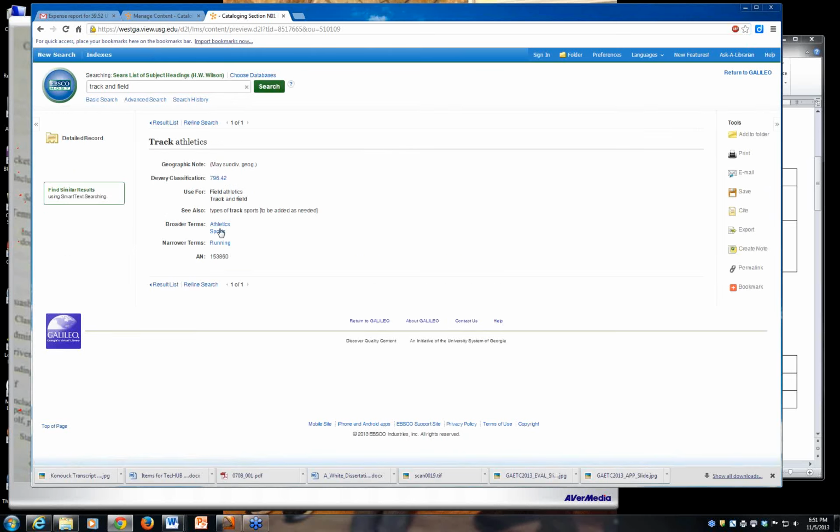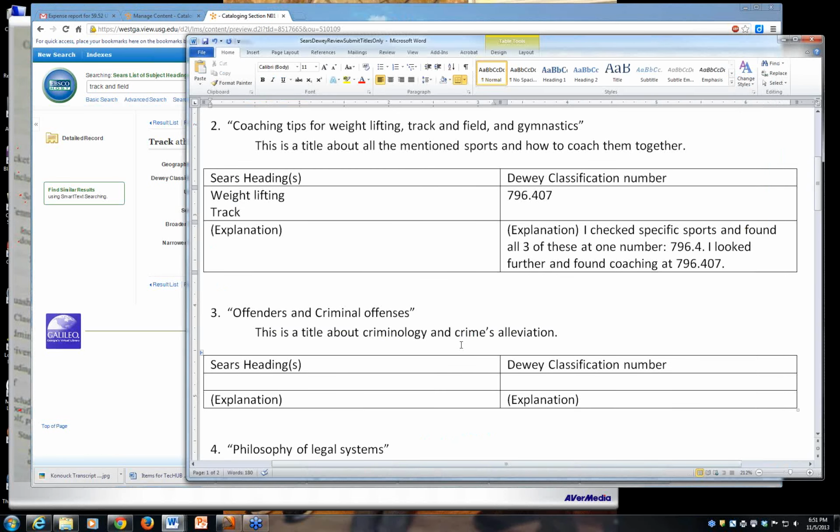We may so divide geographically. It gives us a sample Dewey classification number. And feel free to use this as you're assigning Dewey numbers as well. Don't stop with that number, but it's a good additional source to use beyond your textbook. Athletics and sports are broader terms, but I need to use for my assignment track athletics.